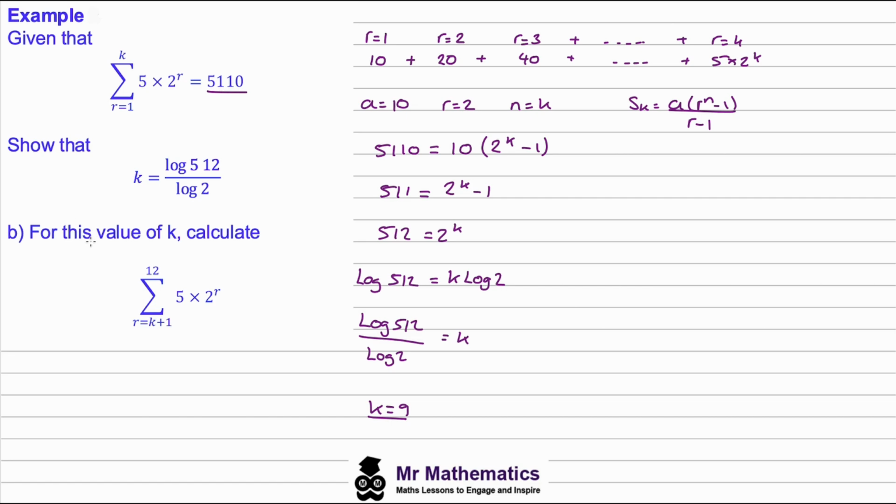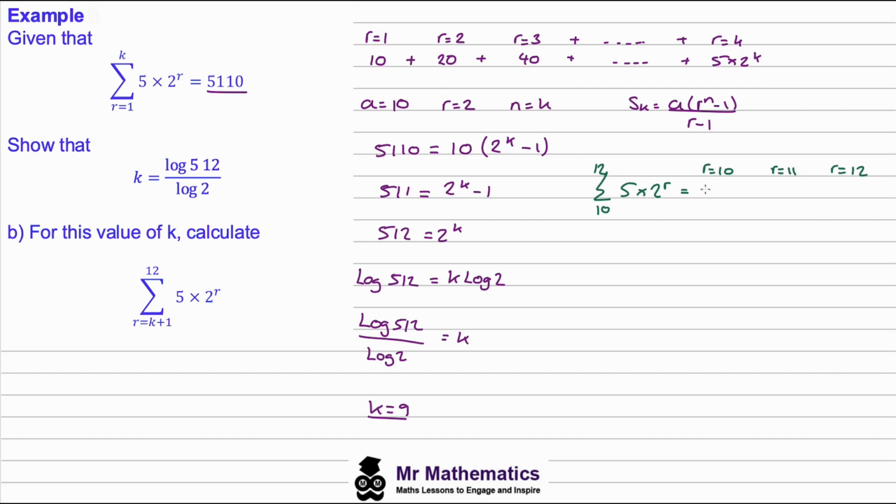Part B, for this value of k, work out this summation. So what we need to find is the sum of all the terms between k plus 1, which is going to be 10, to 12, of 5 times 2 to the r. So we only need to look at when r equals 10, r equals 11, and r equals 12.